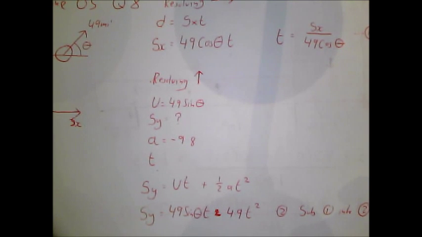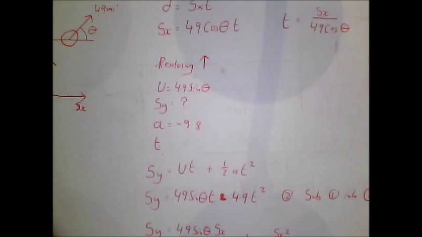Okay, let's do some cancelling out. So sy equals, okay, these 49s are going to cancel out, and this sine divided by cosine will equal tan, so we'll get sx tan theta minus, so 4.9 divided by 49 squared will cancel out.